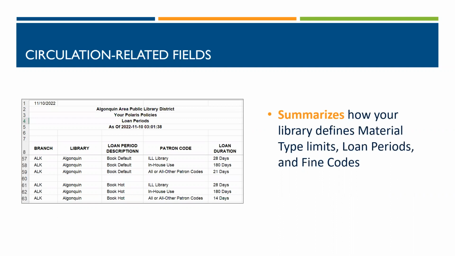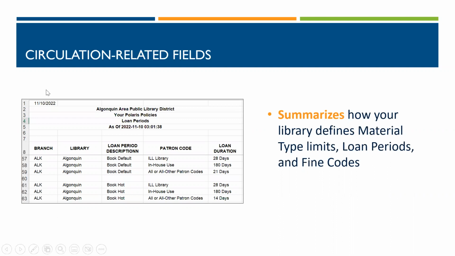So instead of giving you each line of each table, this report tries to condense and summarize to give you the most common limit, and then it pulls out any outlier limits.